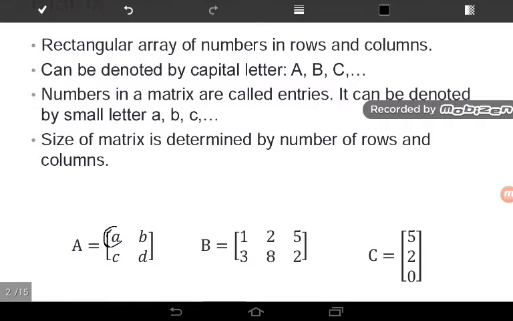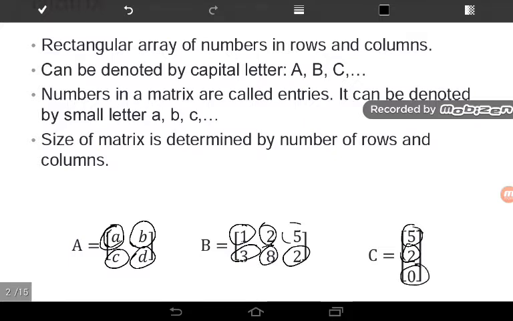Matrix A has 4 entries, matrix B has 6 elements, and matrix C has 3. The entries can be denoted by small letters a, b, c.